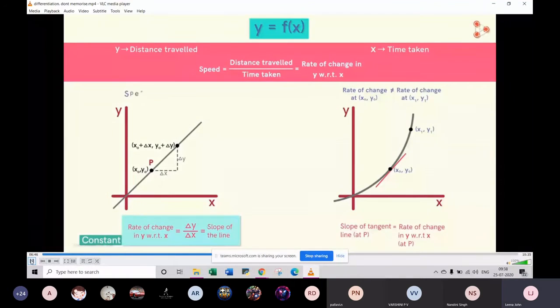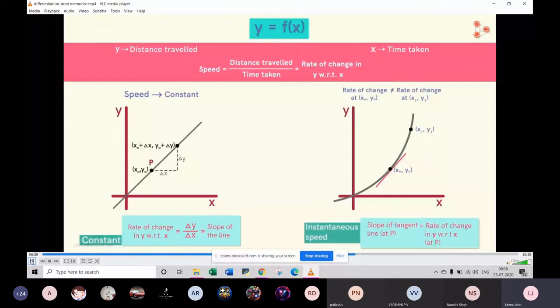So the speed of the object will be constant throughout its motion. While in the second case, the rate of change is not constant. So here, this rate will tell us the instantaneous speed of the object. For this reason, the rate of change for a function at a particular value of x, x naught, is called the instantaneous rate of change at x naught.